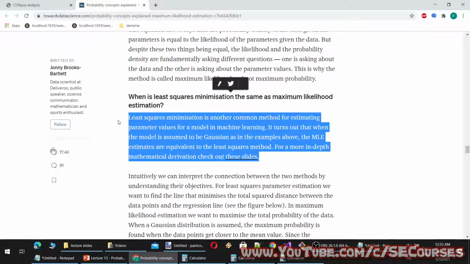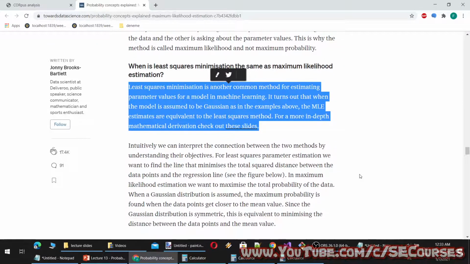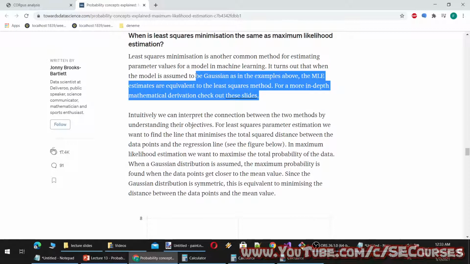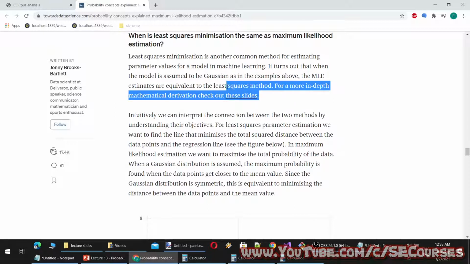When is least squares minimization the same as maximum likelihood estimation? Least squares minimization is another common method for estimating parameter values for a model in machine learning. It turns out that when the model is assumed to be Gaussian as in the examples above, the MLE estimates are equivalent to the least squares method.